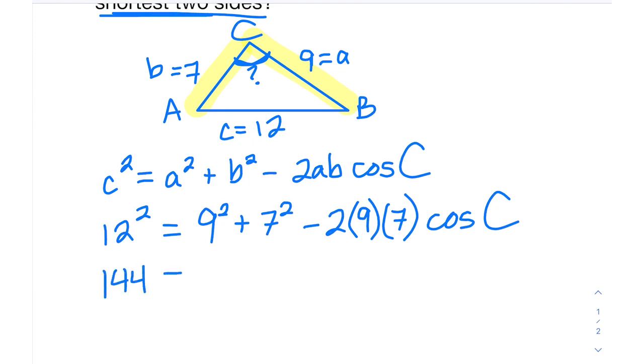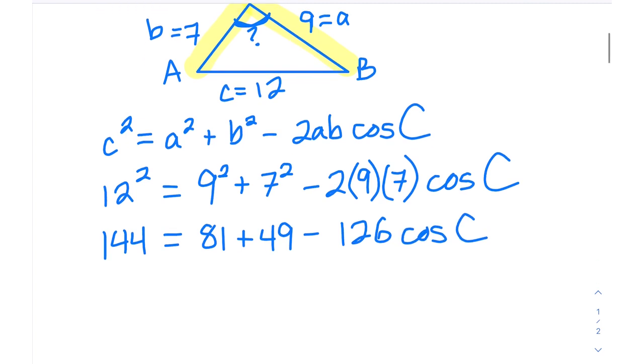You can probably type it all into your calculator in one fell swoop if you're comfortable, and if so, that's great, but I want to write out each step here just to make sure that we have everything easy to track. So we're going to have 2 times 9, 18, times 7 would be 126. Yep, that's correct. Okay, and then cosine C, 81 and 49, it's 130, so we have 144 equals 130 minus 126 cosine C.